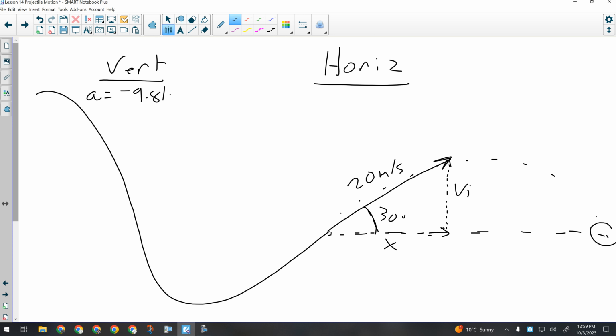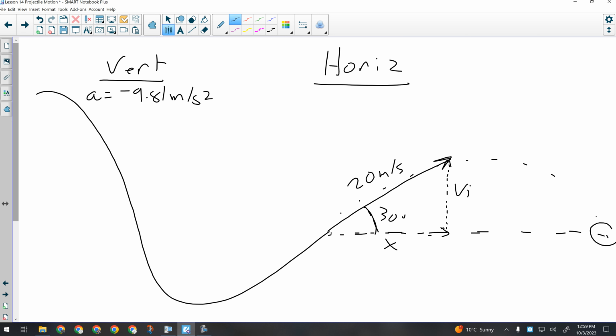But now I'm going to make that negative. I didn't make it negative before. Why am I making it negative now? Because we're going up for part of it. Right. We're going to change directions in this one. Initially, we're going to have a vertical velocity that is up. And obviously at the end, we're going to have a vertical velocity that is down. Horizontally, the object is still going to travel at a constant velocity. So those two things are the same.